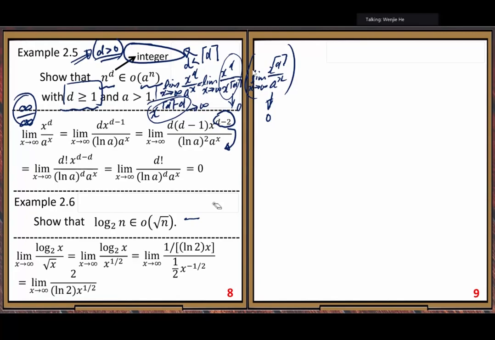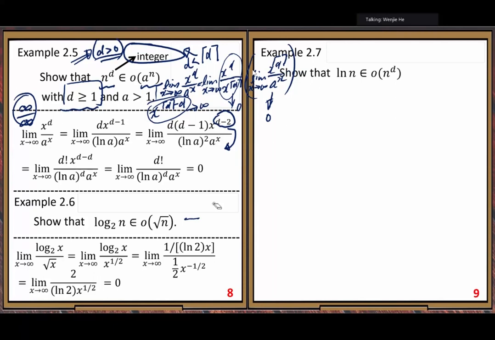Then the whole fraction goes to 0. From the continuous variable, we can then move to the discrete variable. So we have the conclusion.